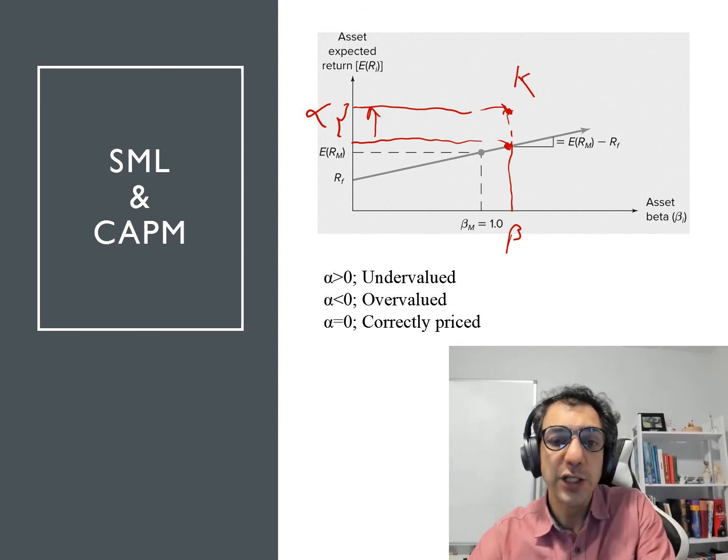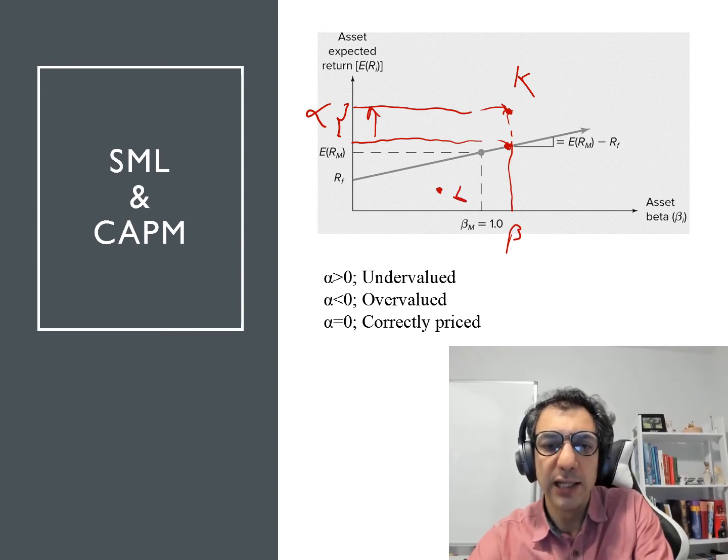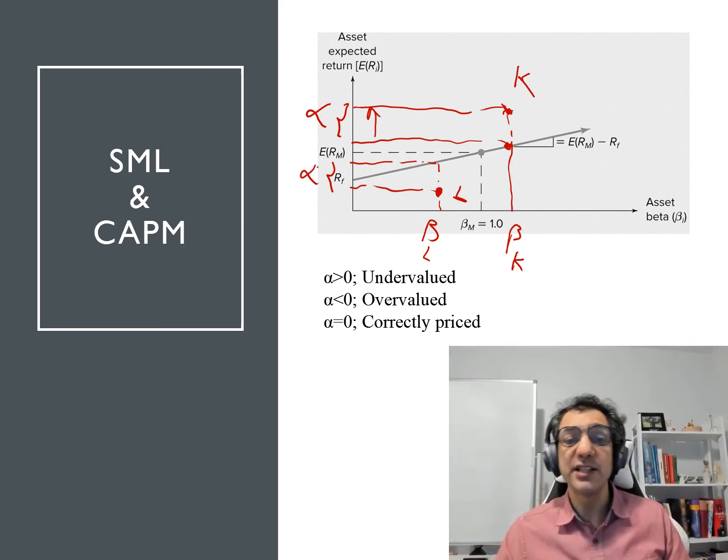What if your stock is below the security market line? Let's assume you have a stock L here. Based on CAPM, if you have this level of beta, let's call this beta L, if this was beta K, the CAPM is estimating you get this expected return. However, actually you are getting this expected return. So you have an alpha which in this case is negative, less than 0.